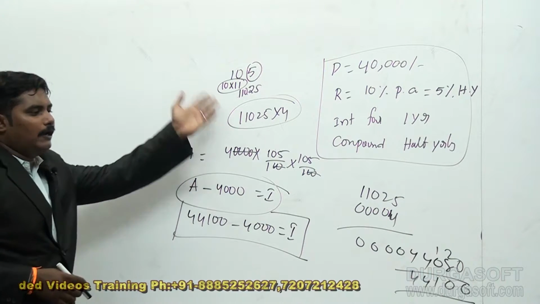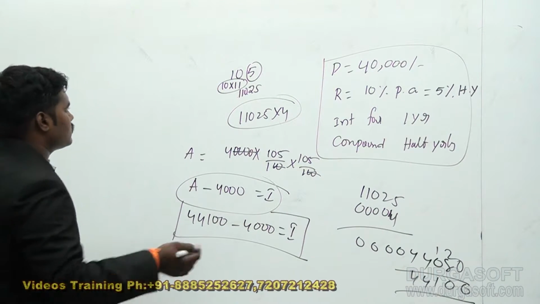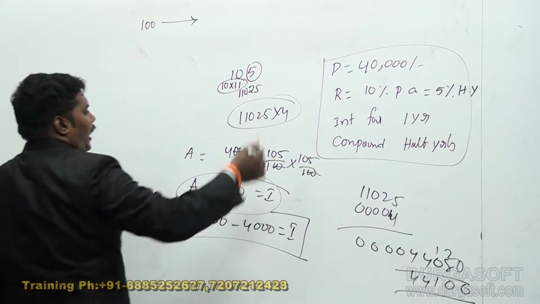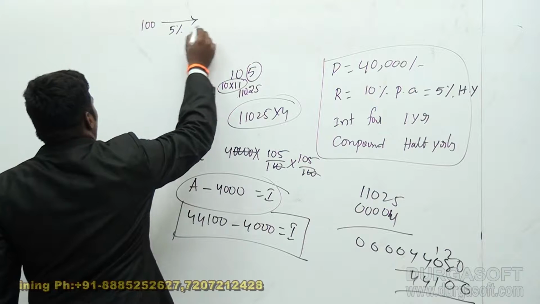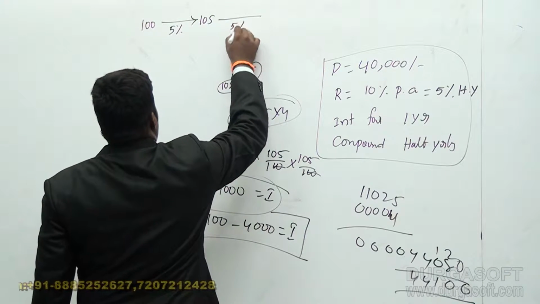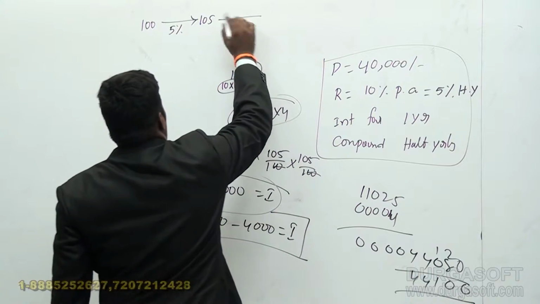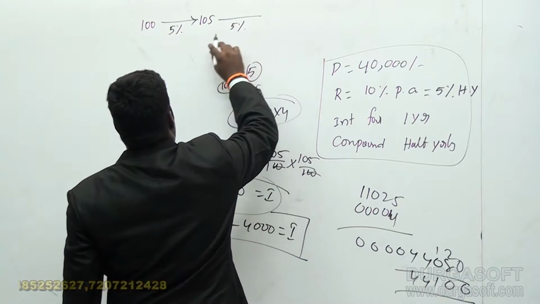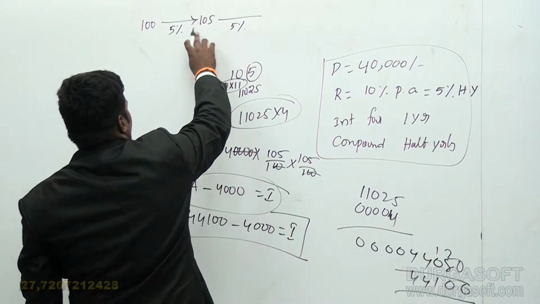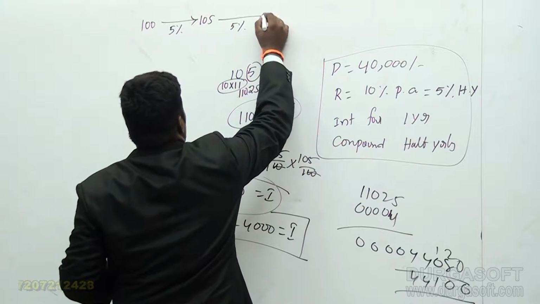This can be done in another way. Suppose initially it is 100. When you add 5%, it will become 105, and again 5% on 105. At 10% it is 10.5, at 5% it is 5.25.